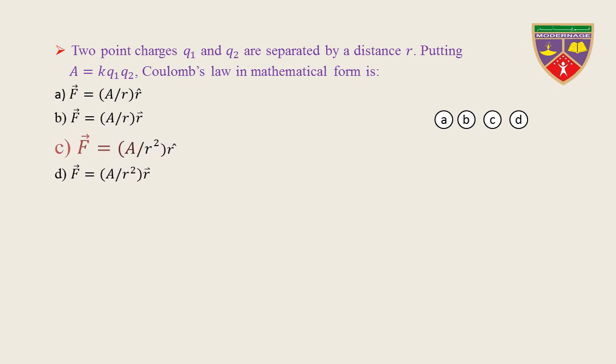The key is A divided by R square into R unit vector. Therefore, the correct option is C.